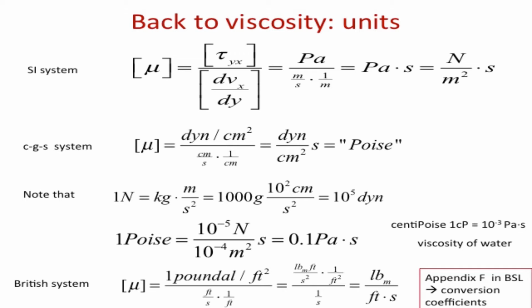So in the British system, you will have pound mass over foot times second. Pound force is the force, the gravity force on 1 pound mass. So this is pound mass. Yeah, pound is pound force.